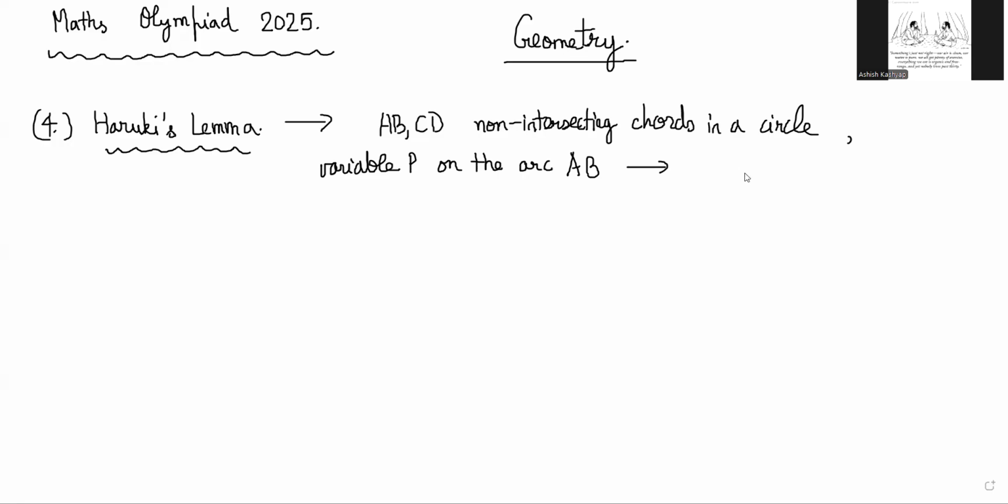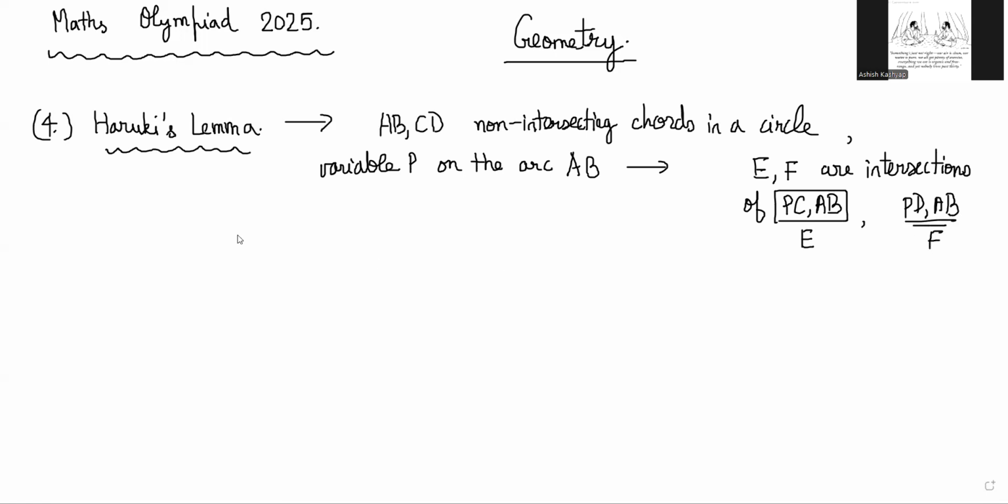then you say that E and F are intersections of PC and AB. The intersection of PC and AB is called E, and the intersection of PD and AB is called F. Basically, the figure looks something like this.